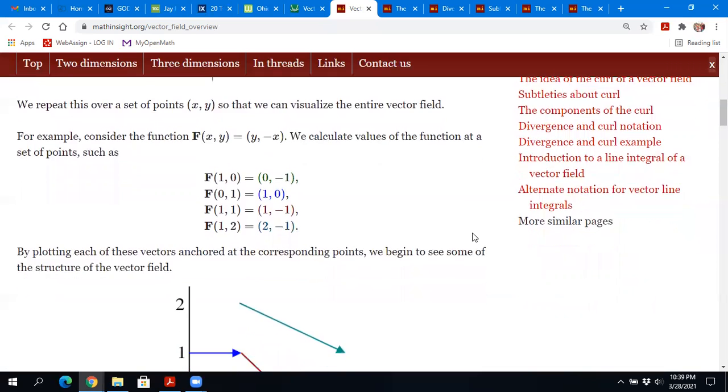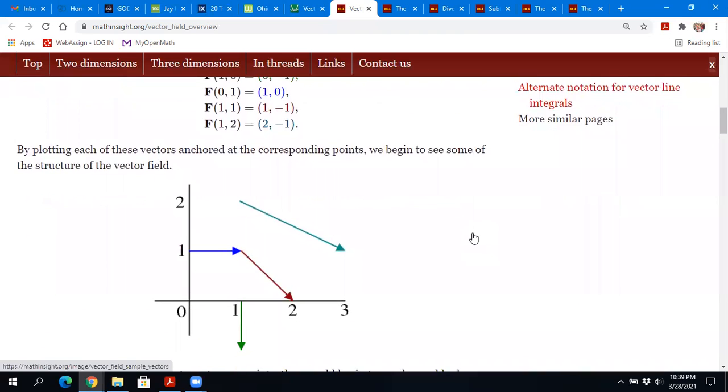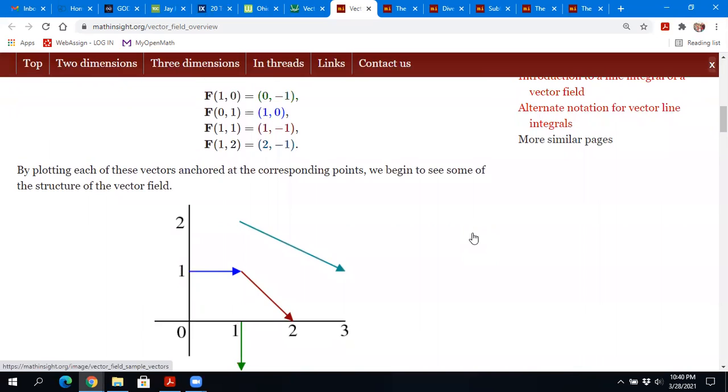So if I plot the point (1, 0), it says I should draw the vector (0, -1) emanating from that point, which is what they have done here, right? They've used a green vector right there. They do that for several others.